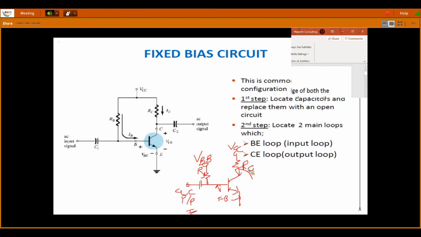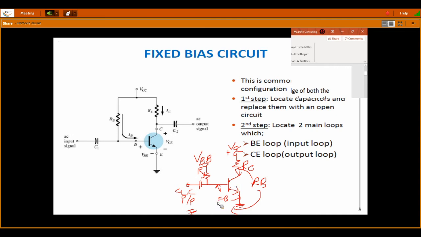The positive VCC is connected so as to reverse bias the output junction of the transistor, as you have connected the emitter to ground. So VBB forward biases the input junction, and VCC reverse biases the output junction. With this, your transistor is operated in the active region.